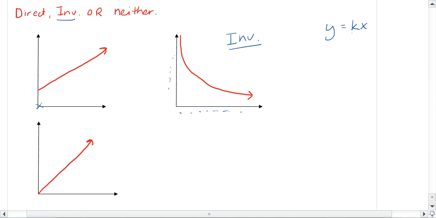Looking at our formula, k could be anything, but if x is 0, so is y. So the ordered pair 0, 0 has to be the start of a direct graph. Therefore, this one is the direct and this one is neither.